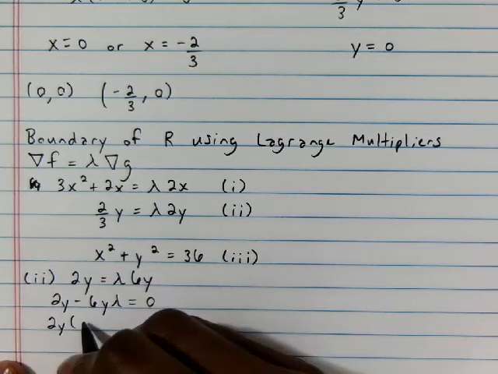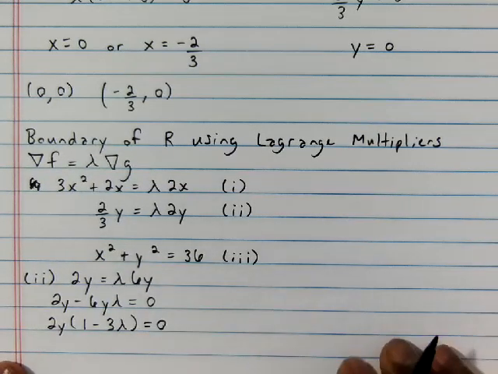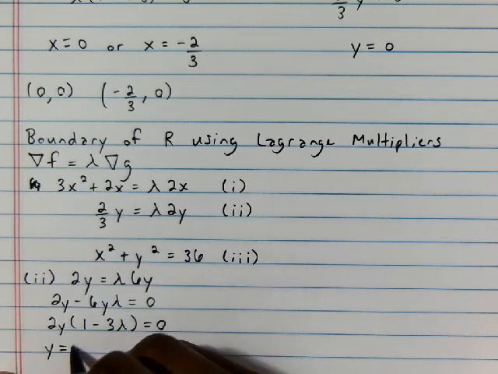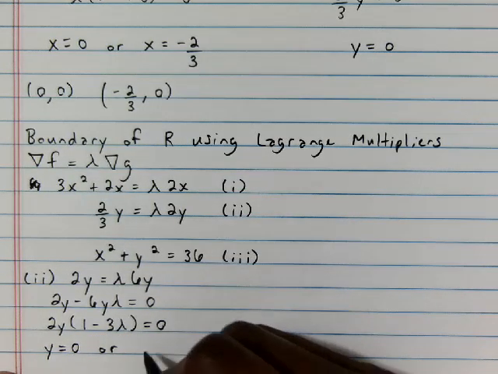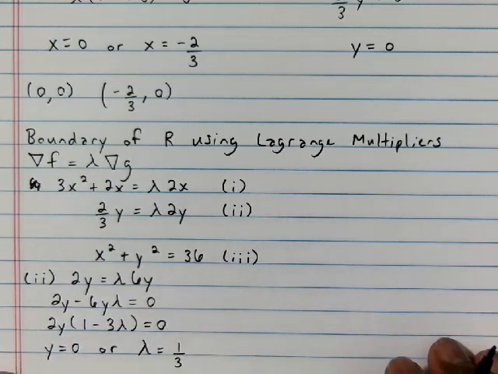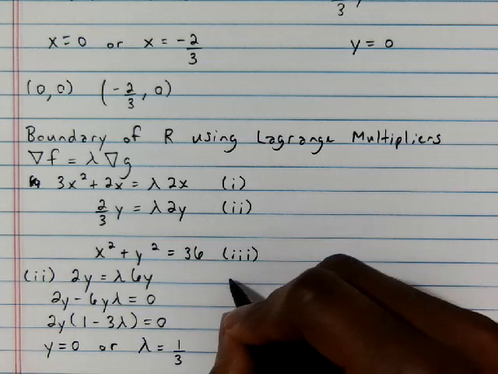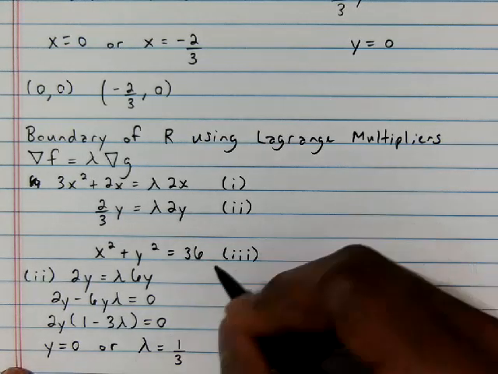So 2y times (1 minus 3 lambda) equals 0. And that tells us y equals 0, or 1 equals 3 times lambda, or lambda equals 1/3. So we have two different cases to consider in using 2. First off, I'm going to consider y equals 0, and then I'll go to the lambda equals 1/3 case.